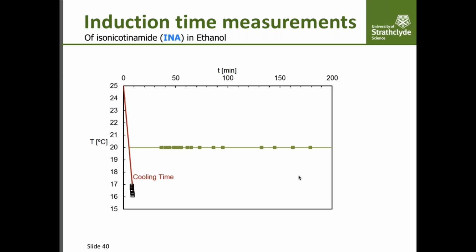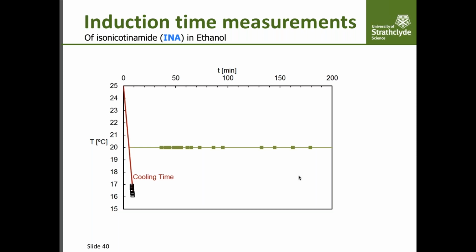But we can also just stop cooling at 20 degrees and then wait until we see crystals. So we did that for 16 samples, and the green dots at 20 degrees show the induction times we measured in these 16 samples.